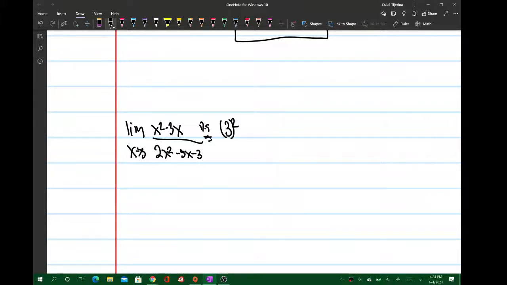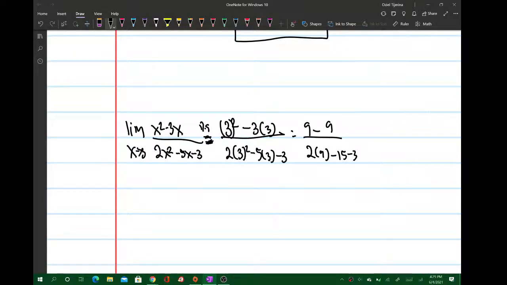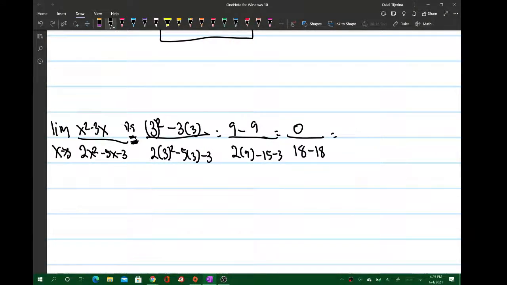So it's going to be 3 squared minus 3 times 3 over 2 times 3 squared minus 5 times 3 minus 3, which is equal to 9 minus 9 over 2 times 9 minus 15 minus 3, which is equal to 0 over 18 minus 18.